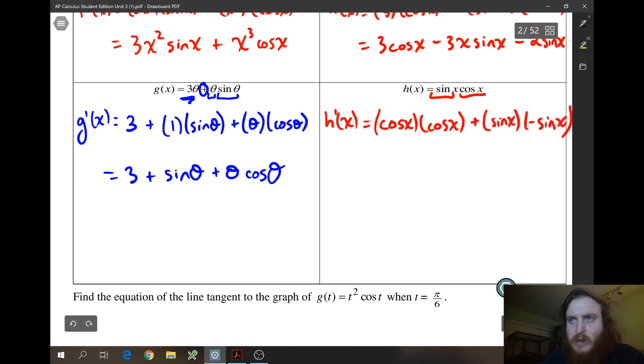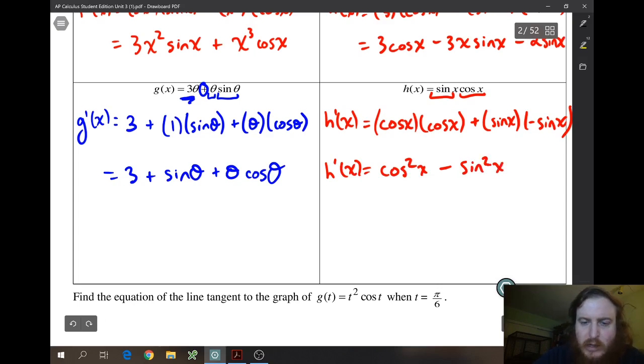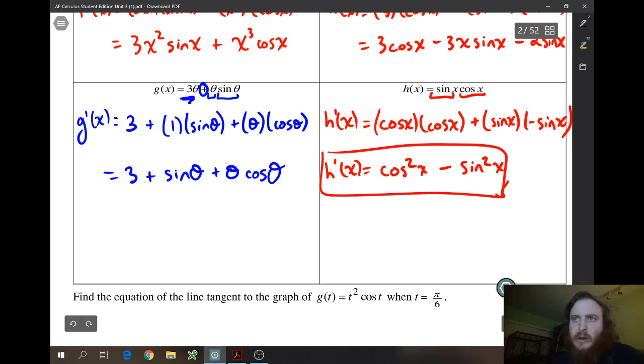So be careful, this is not sine squared plus cosine squared where it cancels out to 1. This is just cosine of x times cosine of x is cosine squared x, and then minus sine squared x, and that's our answer. Some textbooks will kind of rewrite this using sine squared plus cosine squared x equals 1.